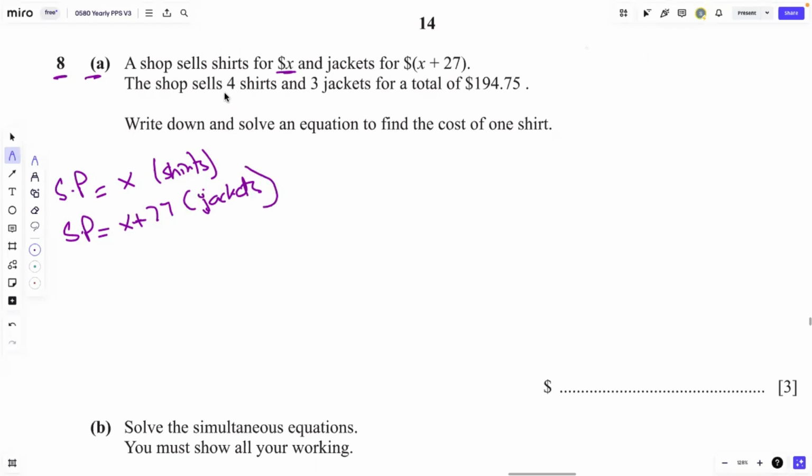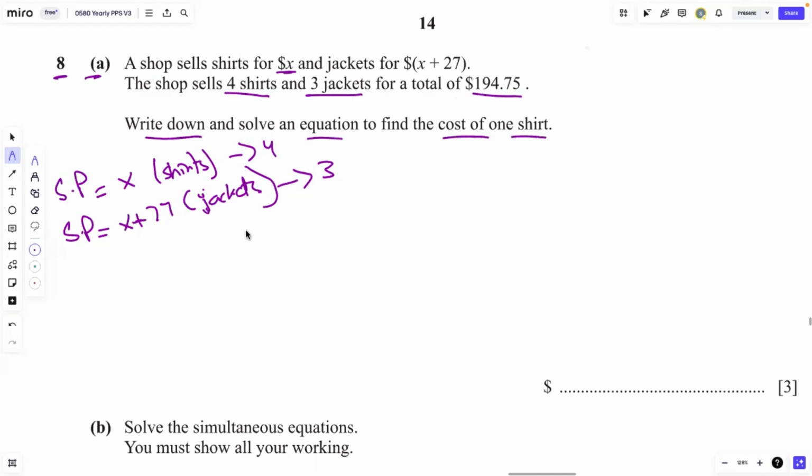The shop sells 4 shirts, so we have 4 of them, and 3 jackets for a total of 194.75. That's the total amount of money received by the shopkeeper for selling 4 shirts and 3 jackets. Write down and solve an equation to find the cost of one shirt.